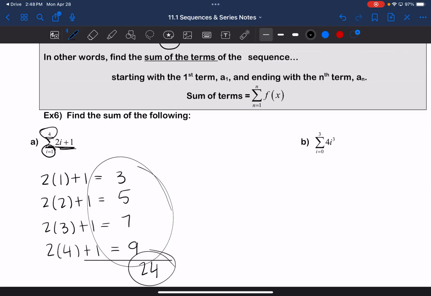Okay? So you can solve them by hand, especially when it doesn't ask for too many terms. However, there is also a way you can do this in your calculator, okay? So the way you do it in your calculator is you press the button that says Math, and you scroll all the way down to where it says Summation.